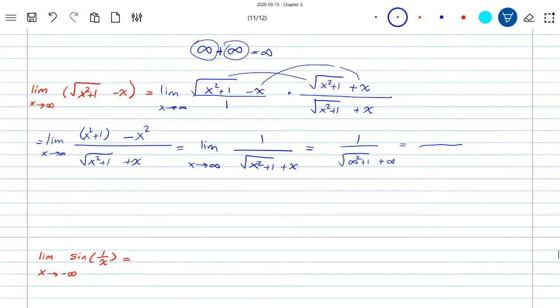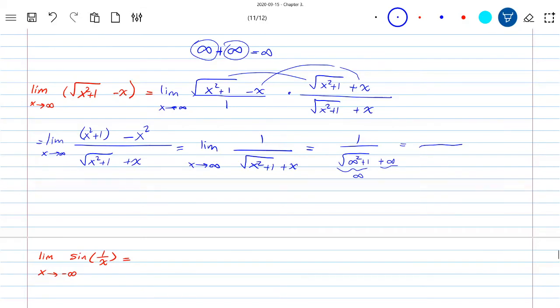This is okay. It's not the correct way mathematically, but just so you can skip over some steps, you don't always have to divide by x. So what you get is 1 divided by the square root of infinity squared plus 1. This is an infinity, not the same infinities, but it's another infinity. It's still a huge number.